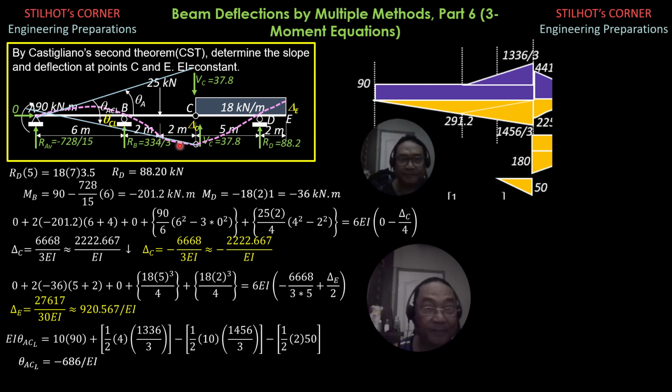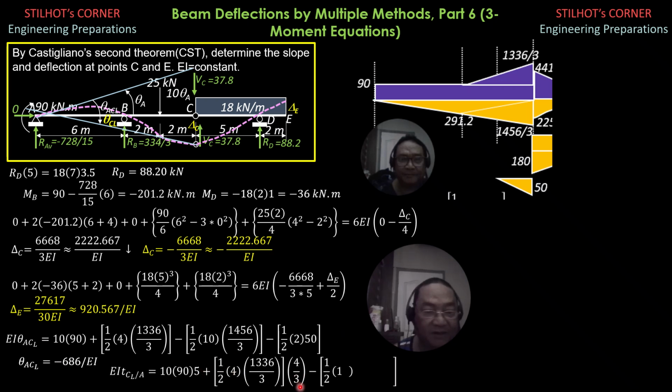So let's compute the deviation of C left relative to the tangent at A, so that this whole value is 10 meters times theta A. This is delta C. So EI times the deviation of C left relative to the tangent at A, we copy this, then provide the moment arms. So 5, then 4 thirds, 10 thirds, the moment arm here, 10 thirds. Then this one, a third of 2 thirds, the moment arm.